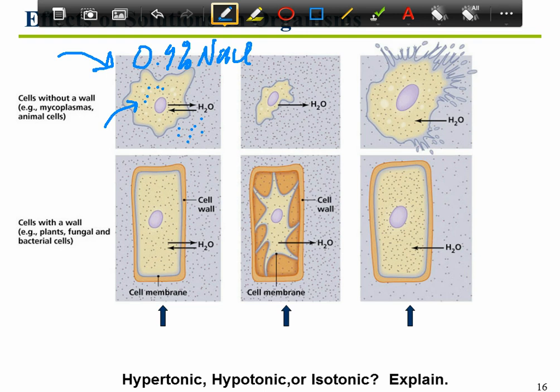Therefore, even though water molecules diffuse through a membrane, you just saw that reference on the previous page, there will be no movement of more water molecules in one direction than the other. In other words, it's equal. You see the double arrow there. So these two solutions, inside and outside of the cell, are called isotonic.